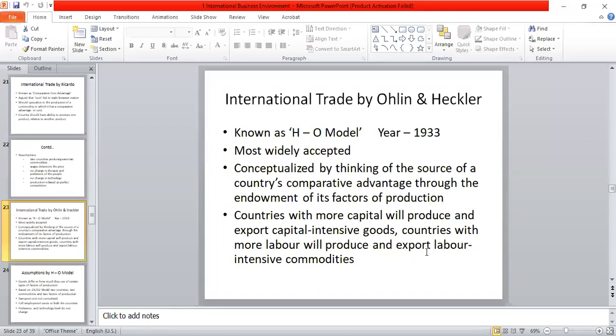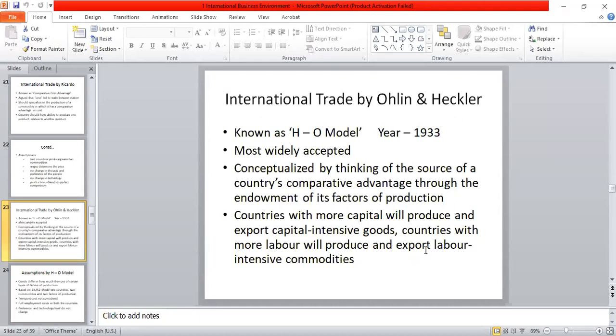Now there are some countries with more labor that will produce and export labor intensive commodities, where maximum labor is employed and things are produced. Can you guess which country that is? The capital intensive country is France. Labor intensive commodity, which country?